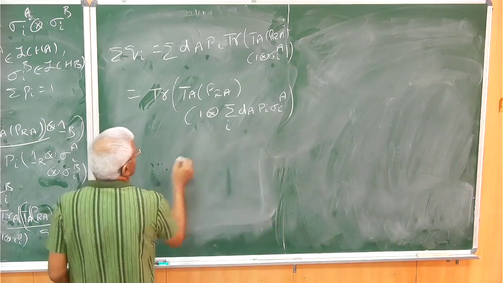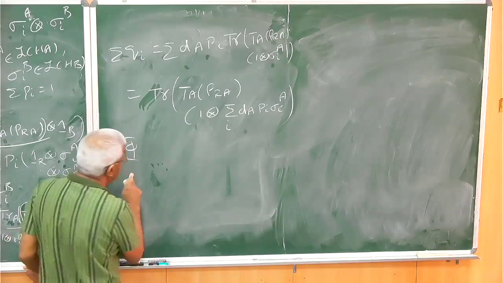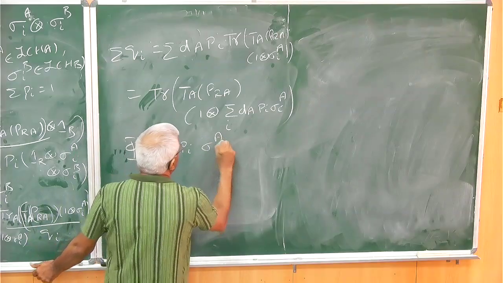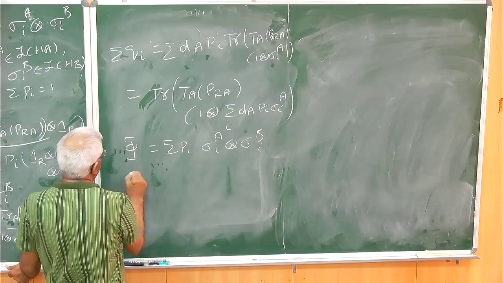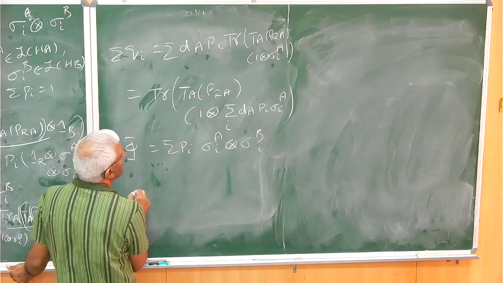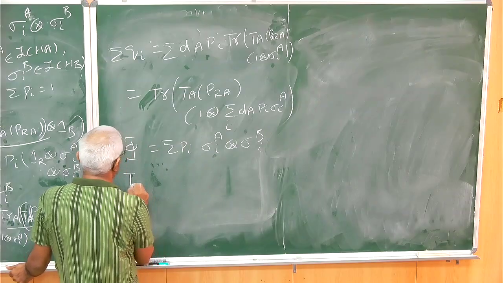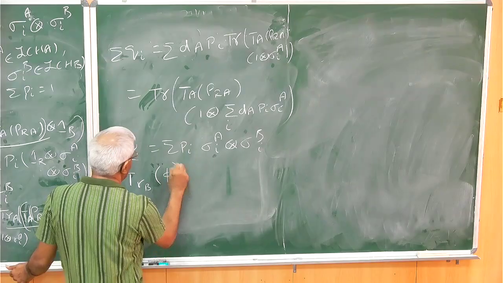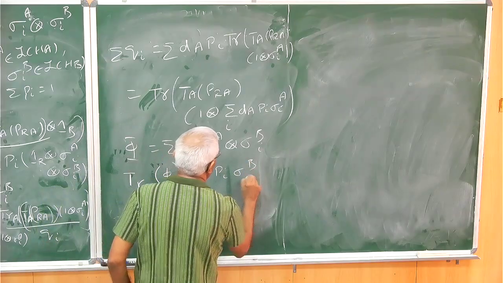Now notice that we have our Choi matrix. Phi is equal to summation Pi sigma Ai tensor sigma Bi. If you take the trace over B of phi, that will be summation Pi sigma Ai, right?